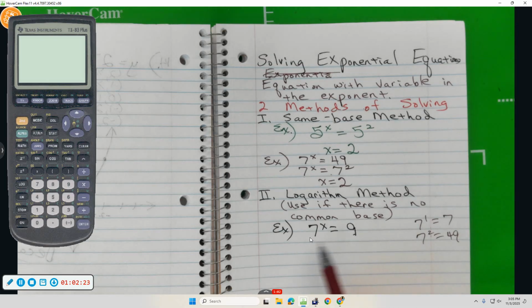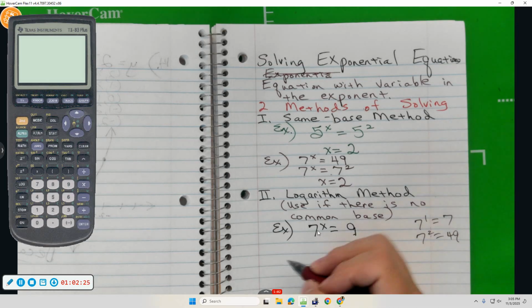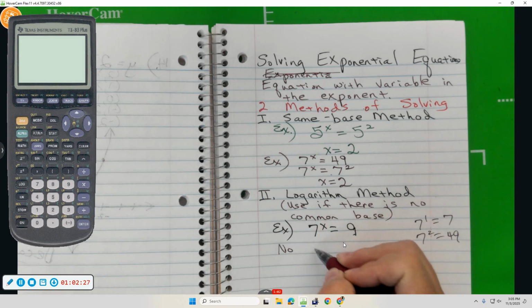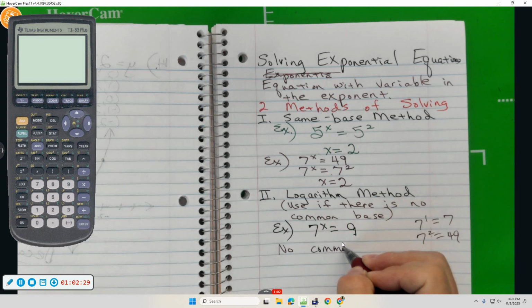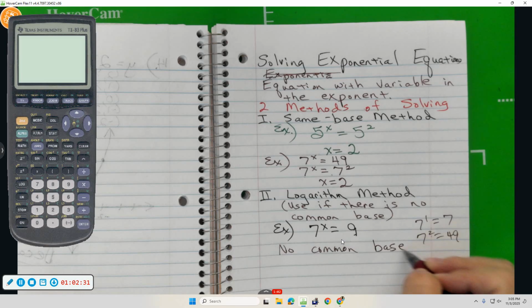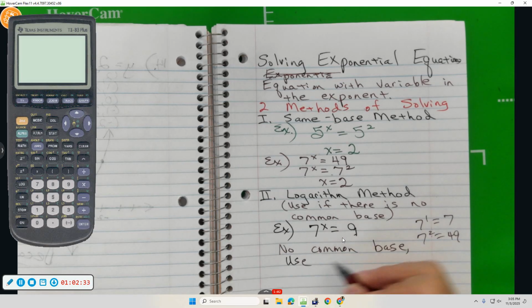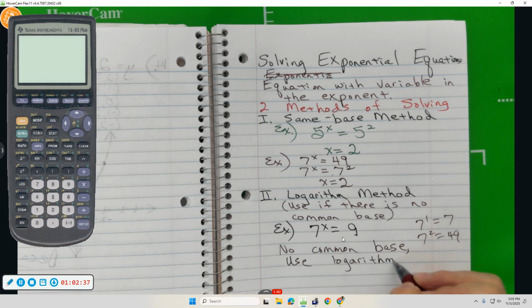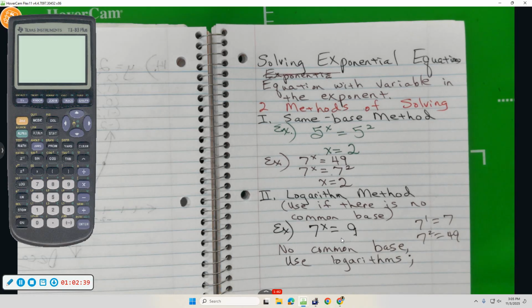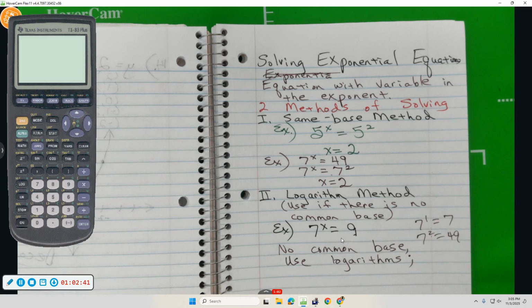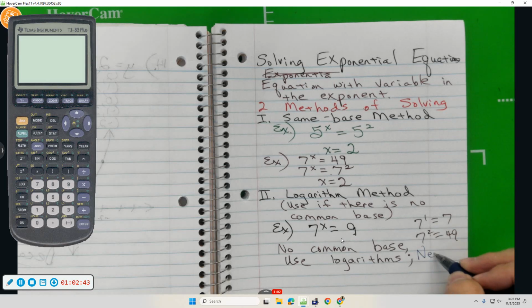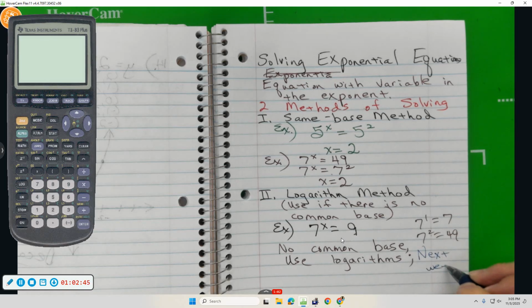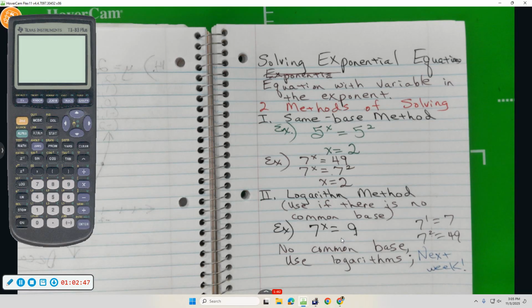You cannot get a common base. In that event, I'll say no common base. Use logarithms. And we'll see that next week. Okay, next week, so you have something to look forward to.